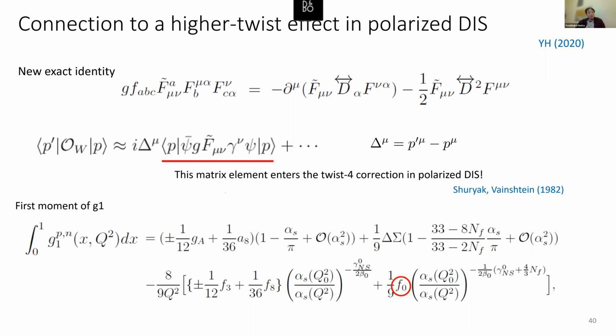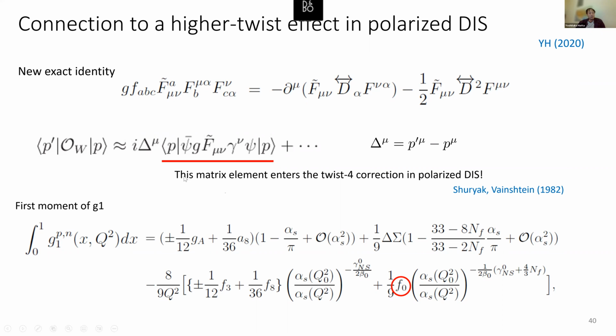And if you take the proton matrix element of this operator, then from the first term, I get this dimension 5 operator. There is a total derivative, which turns into a momentum transfer. Then what remains is the dimension 5 operator, which is actually familiar to the experts of QCD spin, because the matrix element of this dimension 5 operator enters the twist 4 correction in polarized DIS.